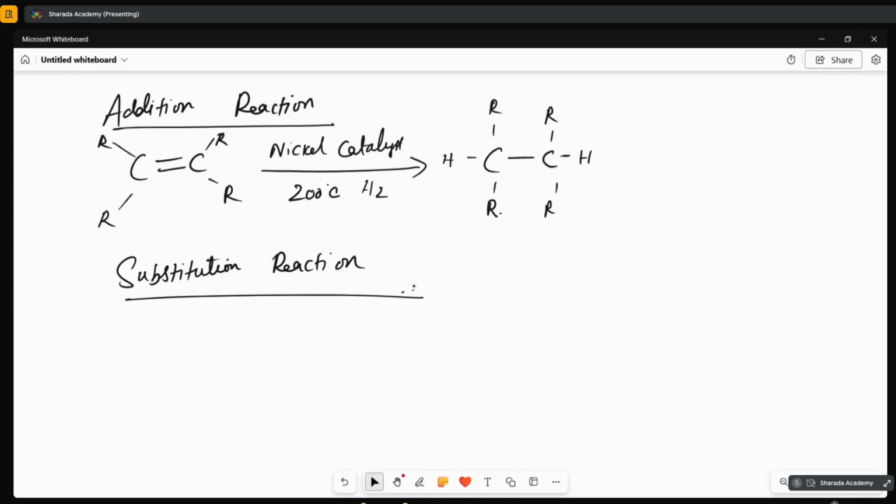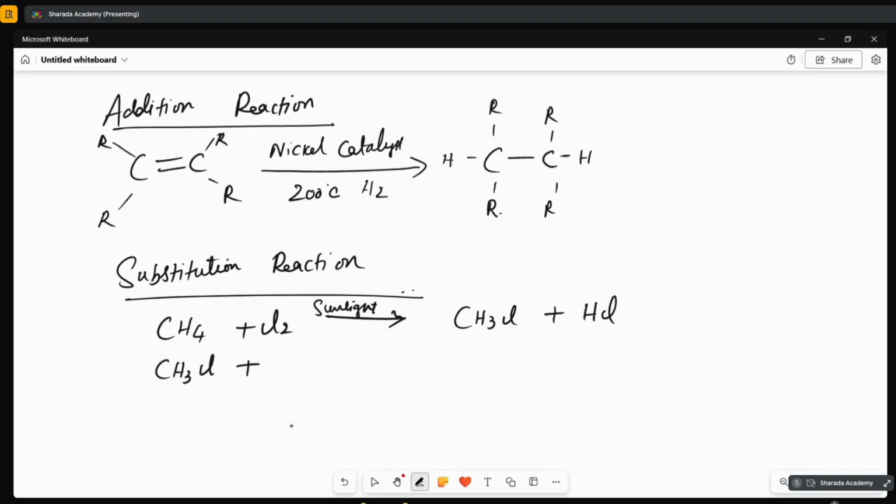Substitution reaction. What do we have? Methane plus chlorine gas, in the presence of sunlight itself, there can be the substitution reaction. So you will get CH3Cl plus HCl. Then this CH3Cl again combines with the chlorine.